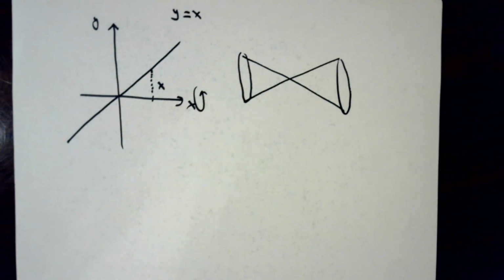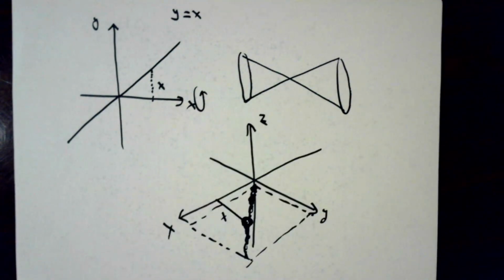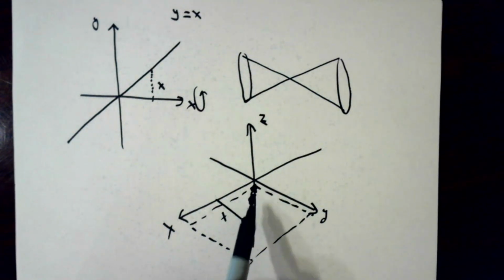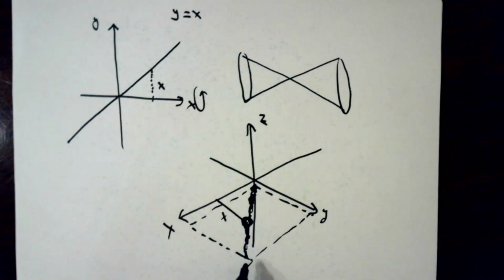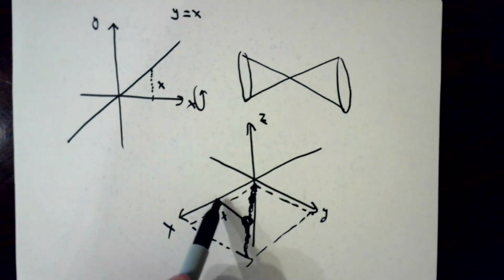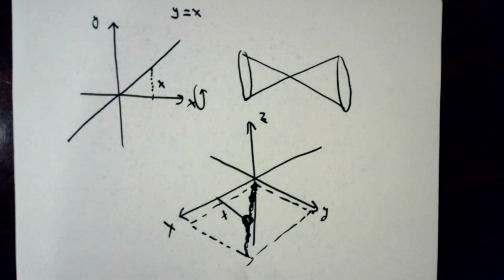Each of those circular cross-sections is going to be parallel to the YZ plane. To try to keep the picture comprehensible, I've drawn in only half of the line y equal x in this darkened bit. Pick a point on that line. Its distance from the axis of rotation, the x-axis in this case, will be described by either x or negative x.